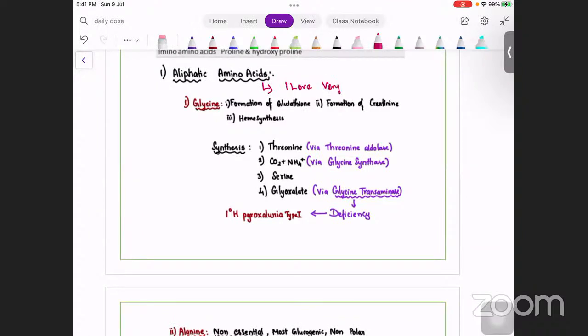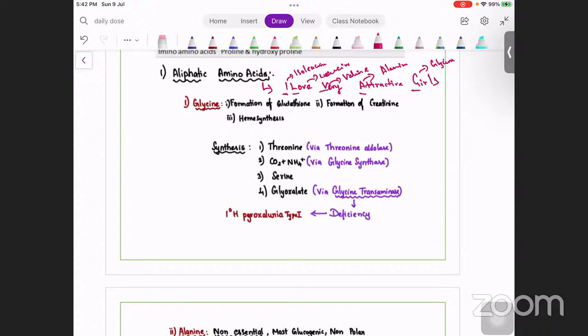I stands for isoleucine, leucine, valine, alanine, and glycine. Isoleucine, leucine, valine, alanine, and glycine are the aliphatic amino acids.